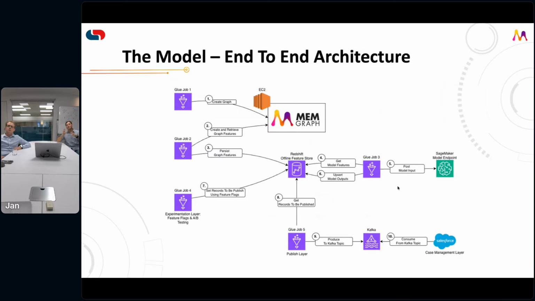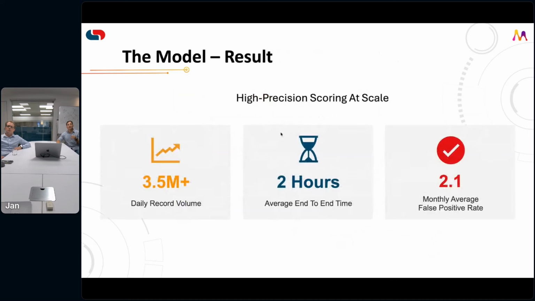By having all of these complex steps, what was quite amazing is that our results in the end show we score about 3.5 million plus. That is growing exponentially, and this is the daily amount that we score every day.